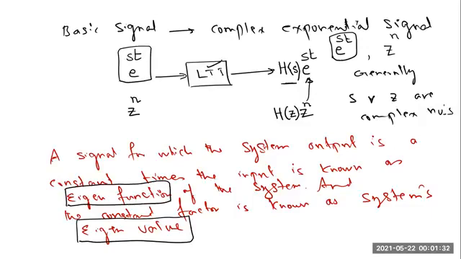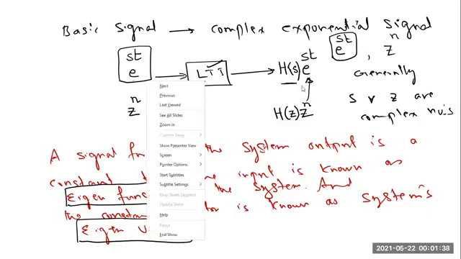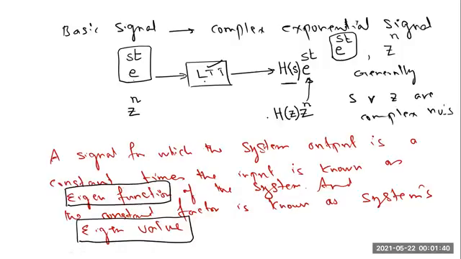Why? Because when I apply this function as input to my system, I get the same signal as output multiplied with some constant factor. And that constant is known as the eigenvalue.